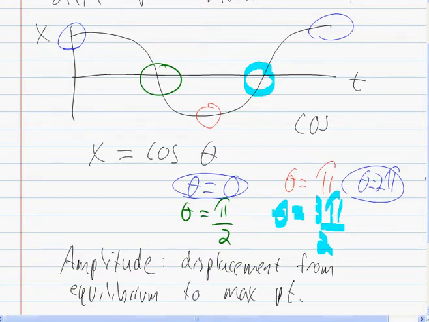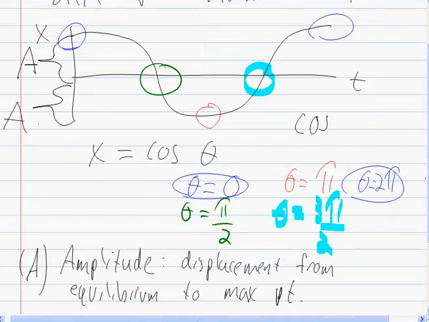So this distance here would be A. That would be the amplitude. Generally, this is the exact same space.